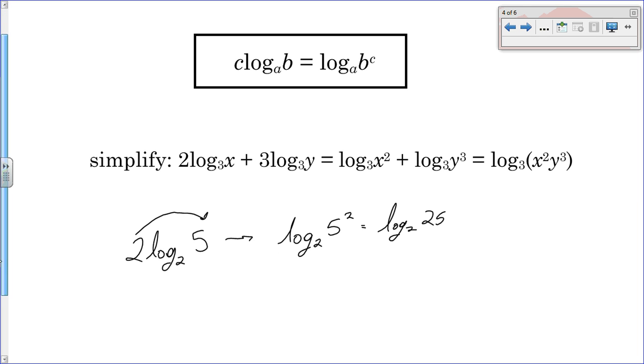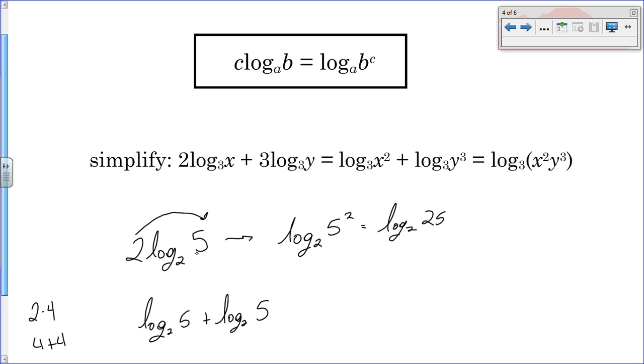Now, just as a little proof to prove that, this is 2 times the log base 2 of 5, which means you could also write this as the log base 2 of 5 plus the log base 2 of 5, correct? Because if you have 2 times 4, it means you have 4 plus 4. 2 times 4 and 4 plus 4 are the same thing.